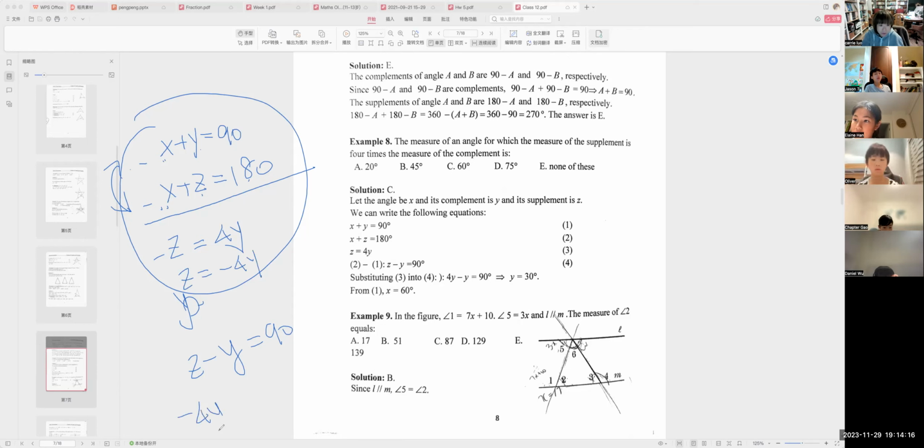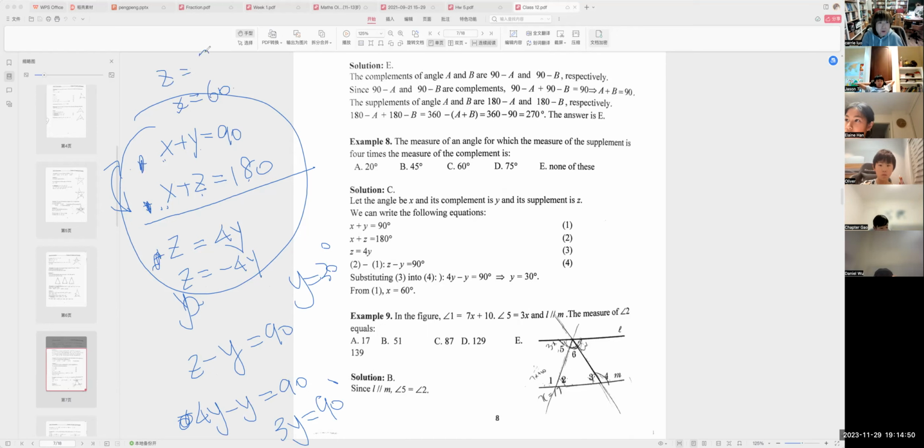So 4Y minus Y equals 90. Am I right? I think I have made mistakes. Sorry, 3Y equals 90 degrees. Yes, I'm right. So Y equals what? Equals 30 degrees. So X equals 60 degrees and Z equals 120. Get it, everybody?